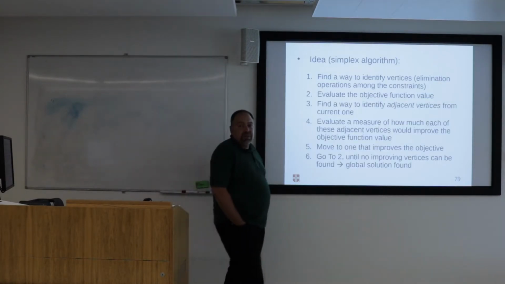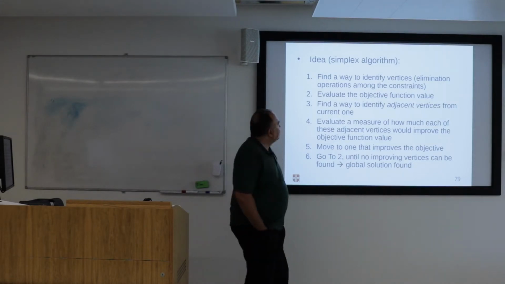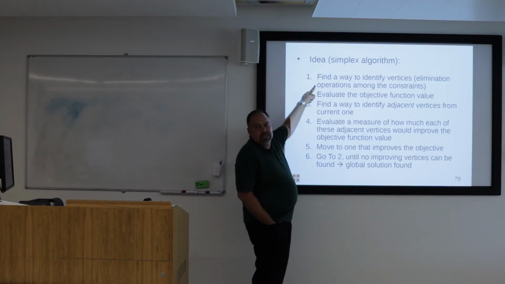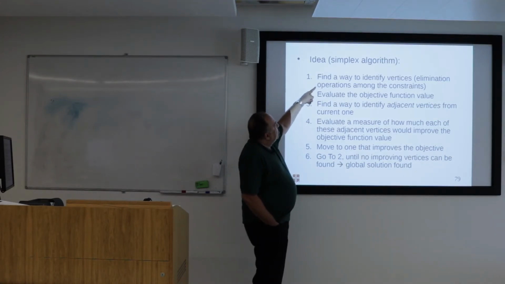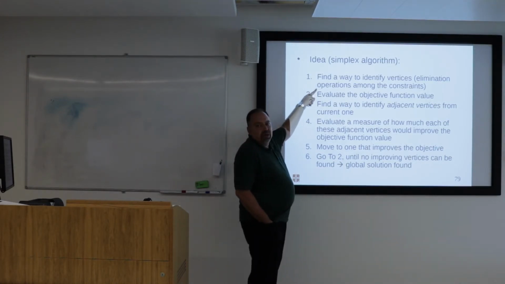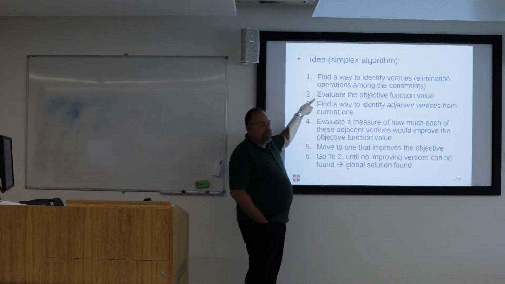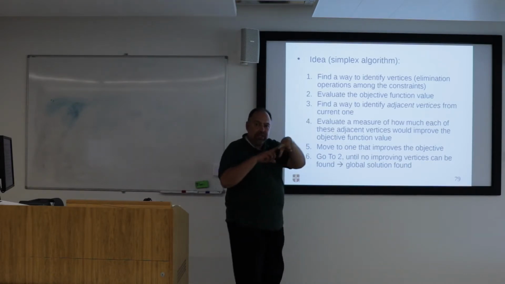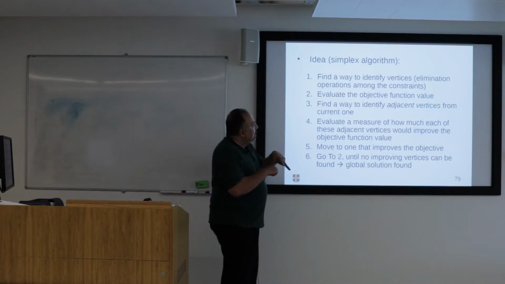The simplex algorithm is very, very simple to understand. You want to find a way to identify vertices by elimination operations among the constraints. Evaluate the objective function value at a vertex. Find a way to identify adjacent vertices from where you are.